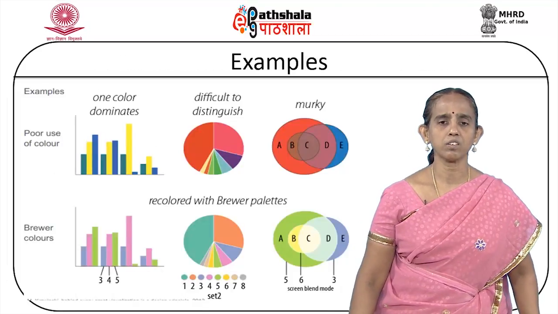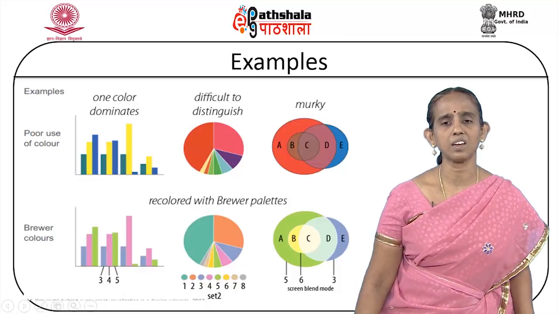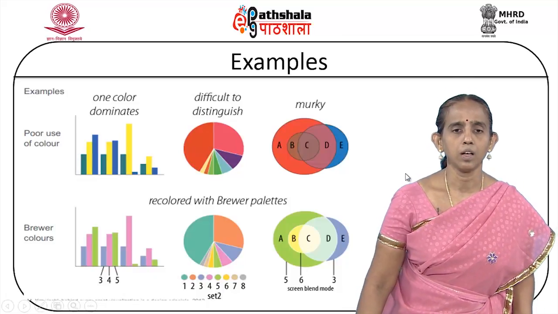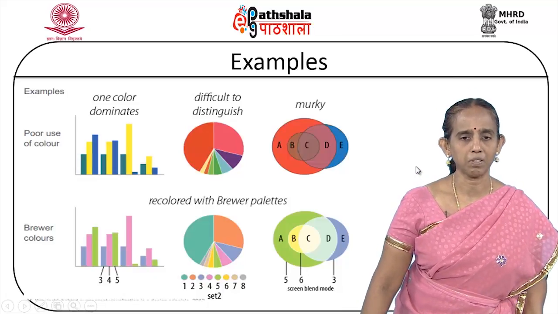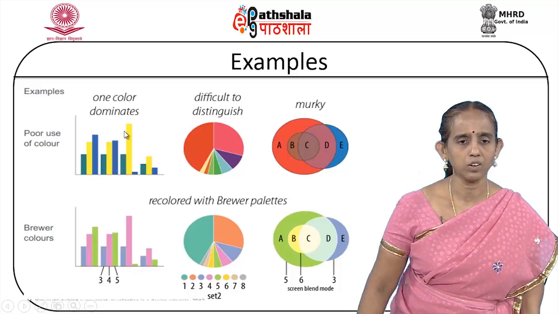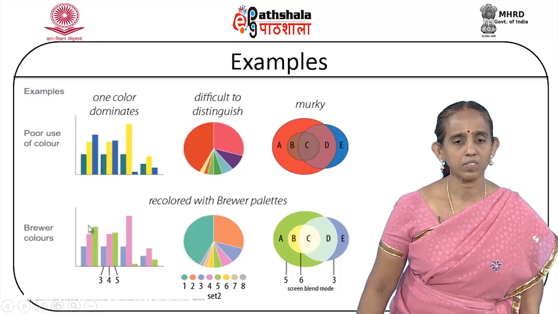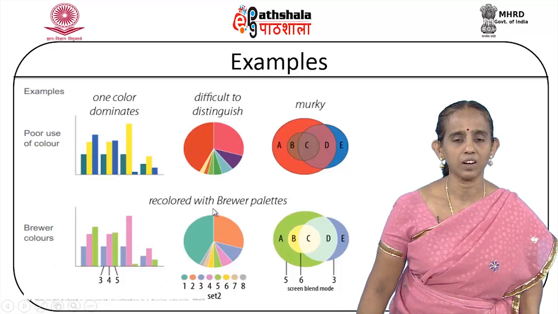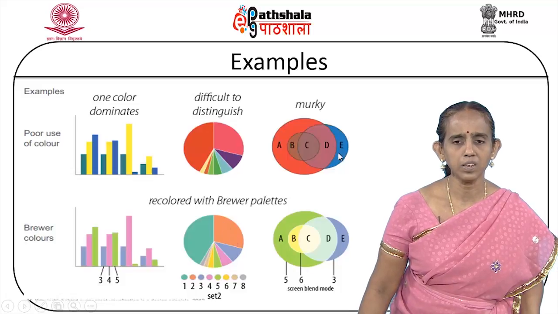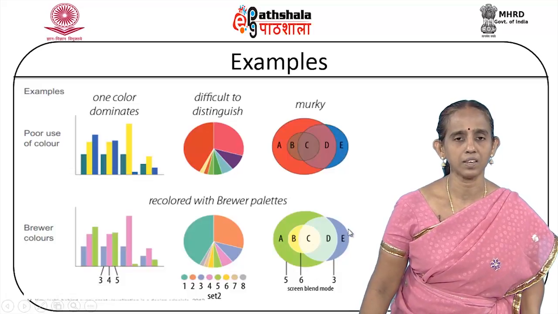So these are certain example visuals that are being created using the above 5 design principles that have been studied. The one color dominates here. Here we can see they are Brewer colors, difficult to distinguish in this figure. They are recolored with the Brewer palettes, and this is murky in nature. So here it is being recolored.